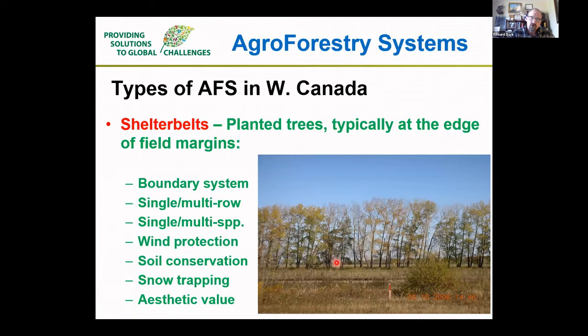So with that backdrop, I just want to review the different types of systems that we commonly have in Western Canada. One of them is, as Scott referred to earlier, the shelter belts. These are deliberately planted areas with trees, and they're very commonly found as linear features, often at the edge of field margins.